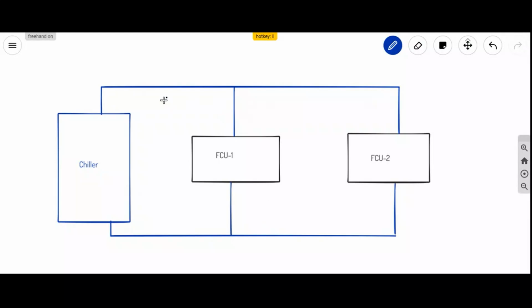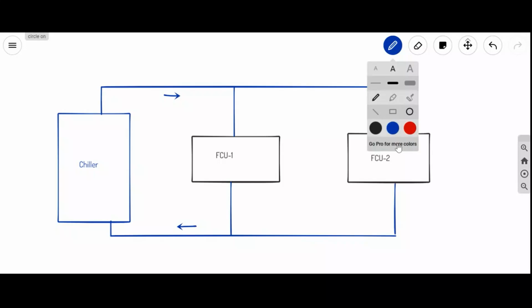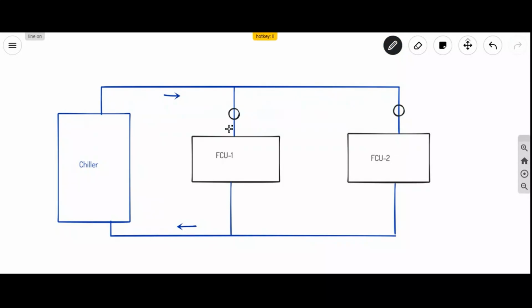This is chilled water supply and this is chilled water return. For every FCU we have a three-way valve, or bypass valve, connected to the room thermostat.